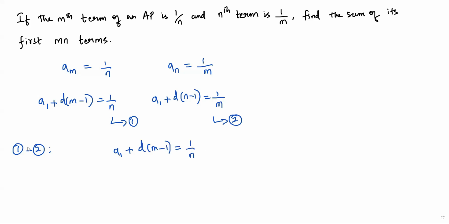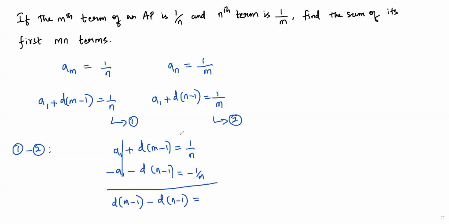Since we have a negative sign in front of the second equation, I multiply both sides of the second equation by negative one. It becomes negative a1 minus d times (n minus 1) equals negative 1 over m. When I simplify, a1 and negative a1 cancel out. I get d times (m minus 1) minus d times (n minus 1) equals 1 over n minus 1 over m.